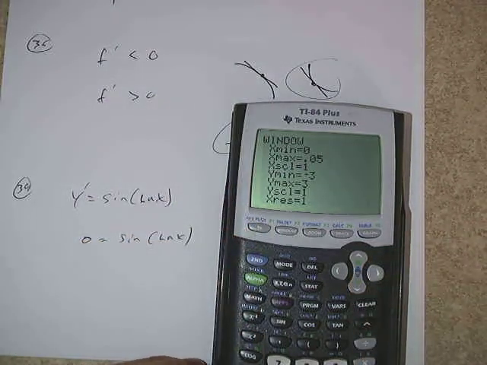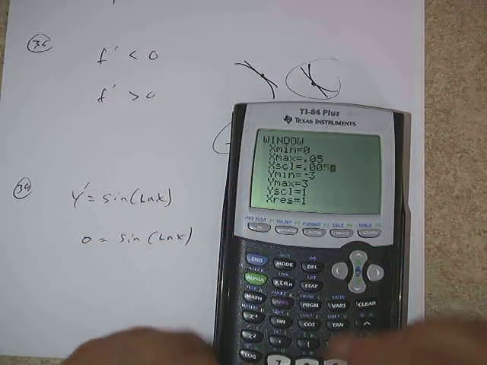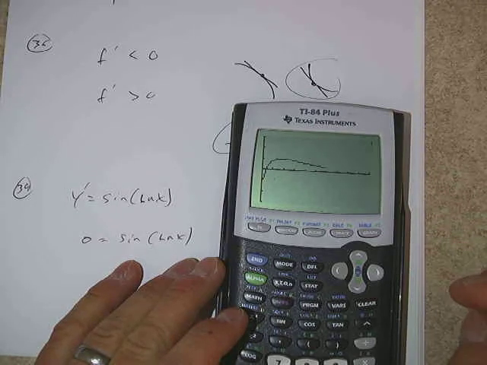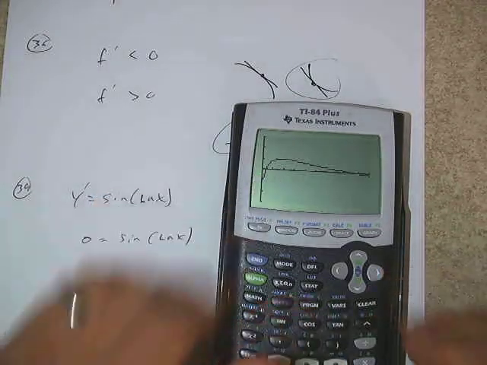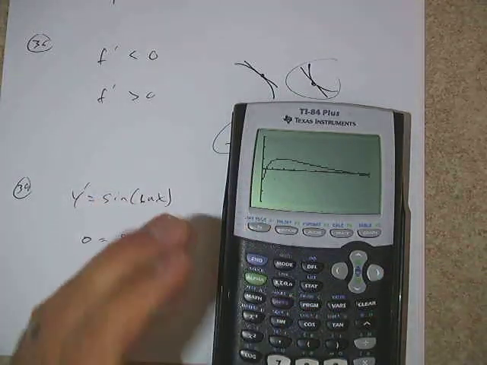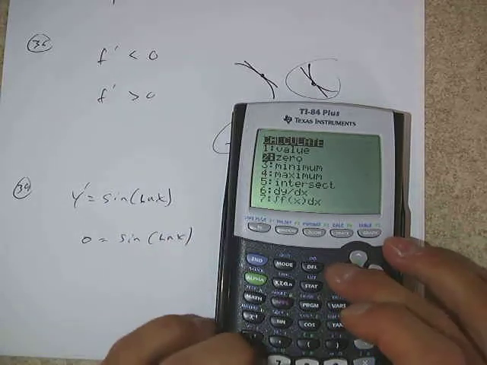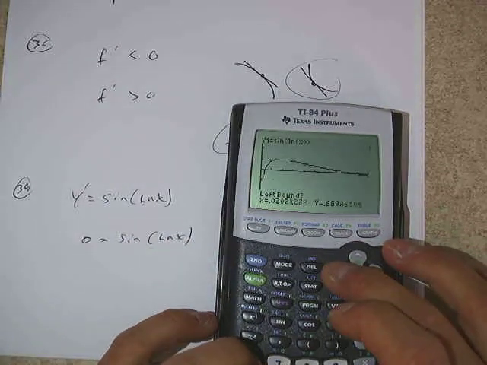So it looks like that was the right one, and over here we could test that one and see that it's also 0. And if we go, I'll change my window to something even smaller.